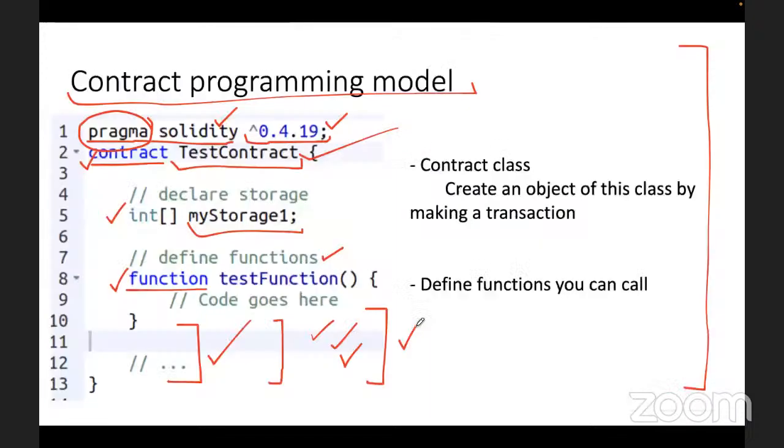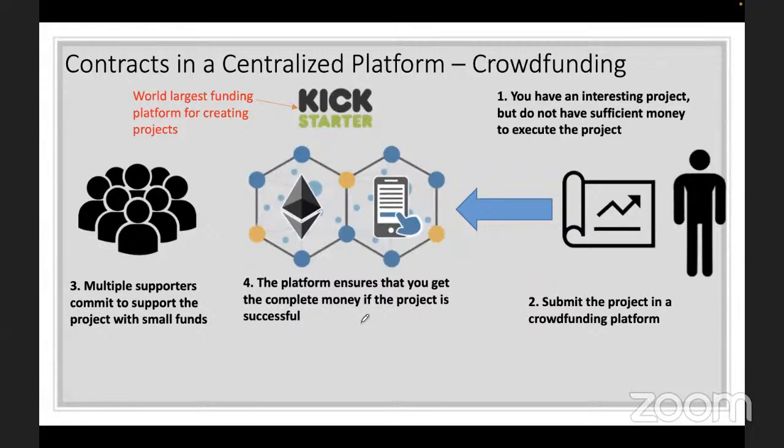Prior to that, let me take a very simple use case, and through that use case I will tell you how the smart contract is different from the traditional contract that you know very well.